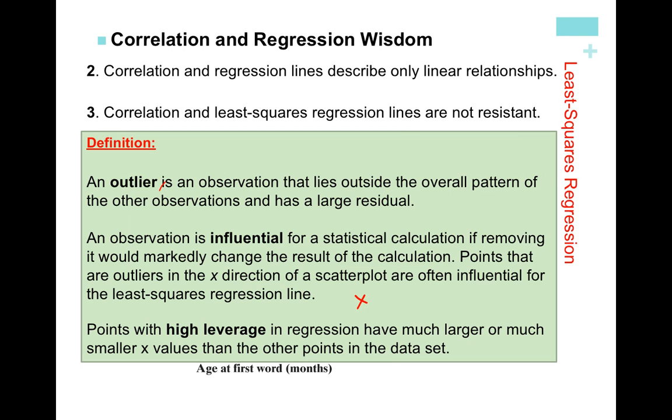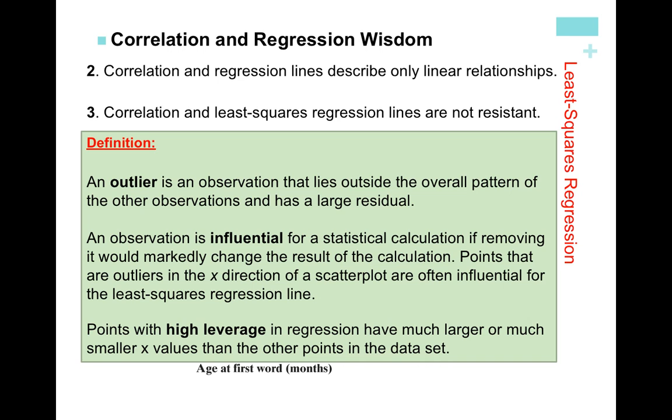And so that gets at what we call outliers and influential observations. So here we call something an outlier if it just lies outside of the overall pattern. And so the outliers in this case would be both of those children. We consider something an influential observation if it's going to drastically influence the calculations of the least squares regression line.